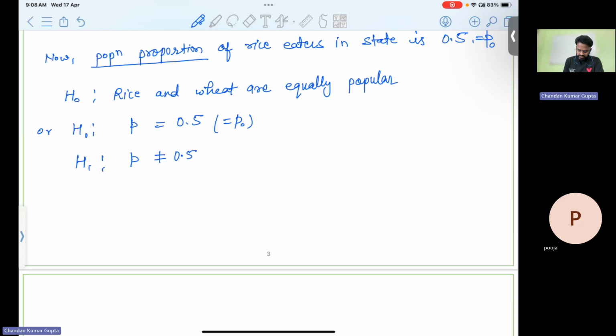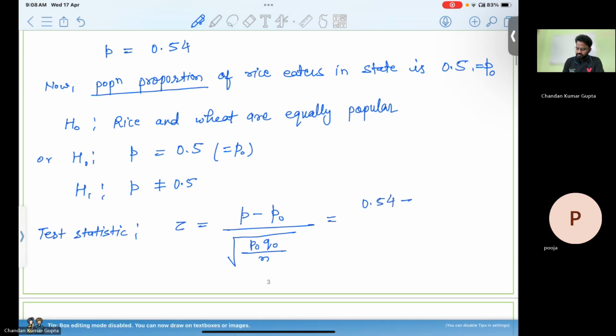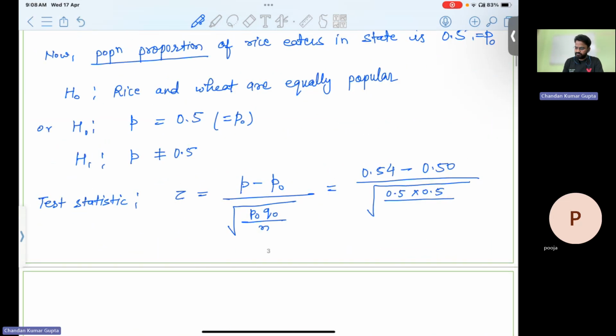In this case, the test statistic will be Z, which is p minus p naught divided by the square root of p naught q naught divided by n. p is given as 0.54, p naught is 0.5, q naught is 1 minus p naught, which is also 0.5, and n is given as 1000.